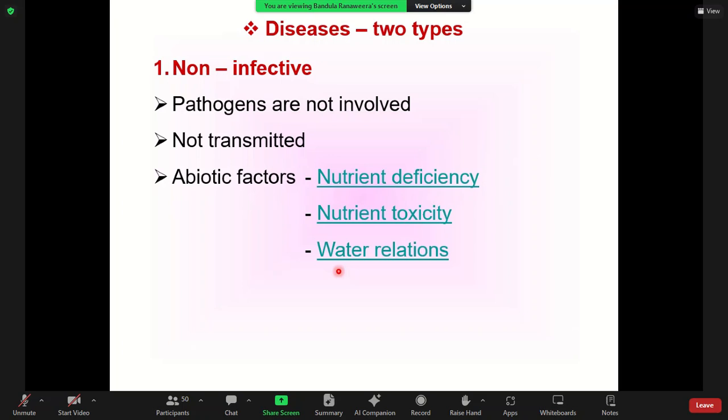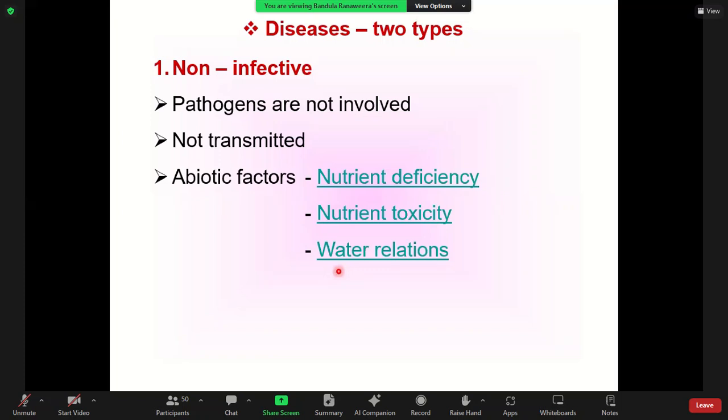create symptoms. The major character of these non-infective or non-infectious diseases is that they are not transmitted from one plant to another plant. There can be more than one plant affected.